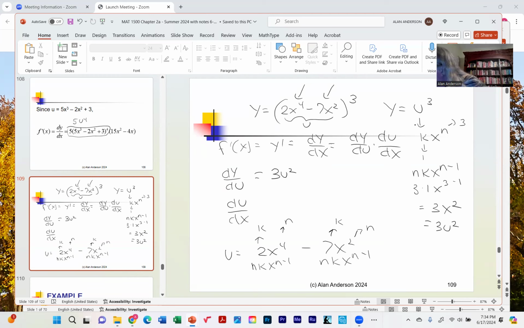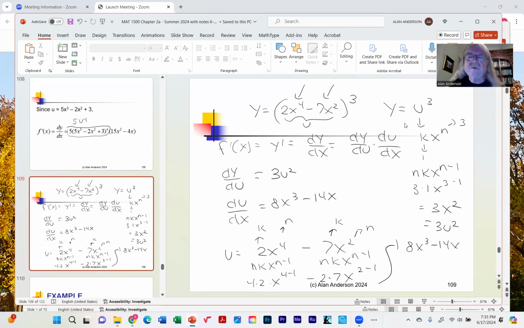So you'll have 4 times 2, x to the 4 minus 1. Over here, you'll have minus 2 times 7, x to the 2 minus 1. That ultimately gives us 8x cubed minus 14x. Great. So now all we have to do is substitute.